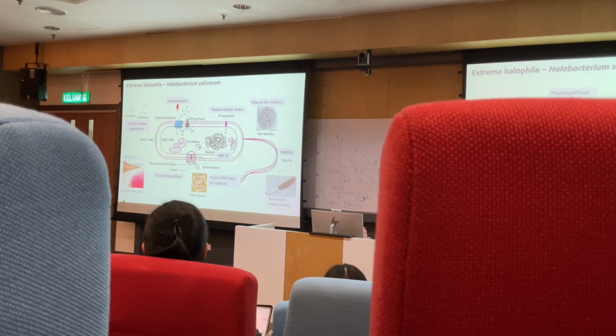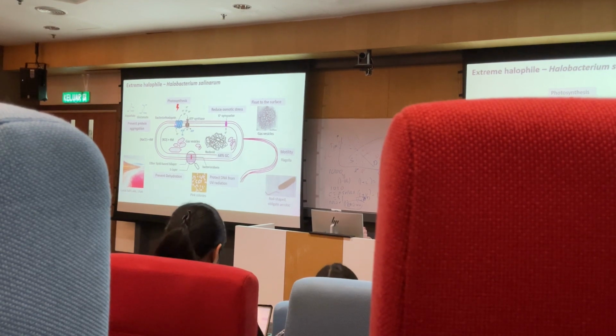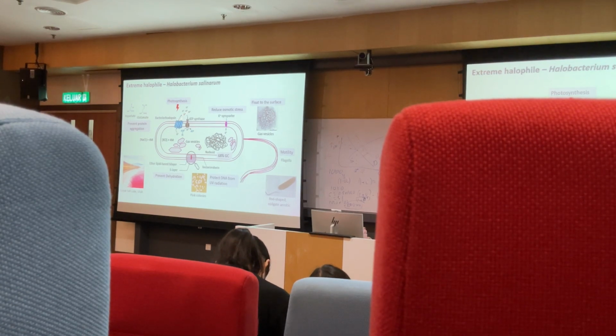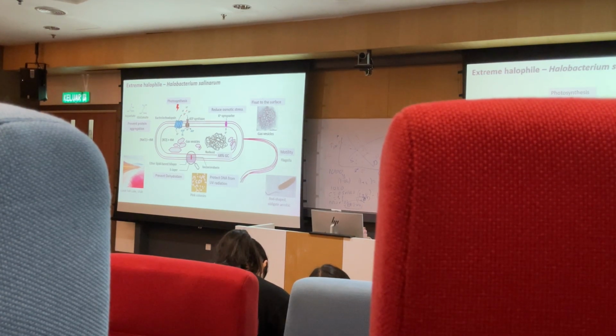Same thing, this particular homolog, homologous to rhodopsin, also absorbs the light, and uses the energy to pump the proton out of the cells. When they pump protons out of the cells, the proton concentration accumulates high outside, creating a concentration gradient.